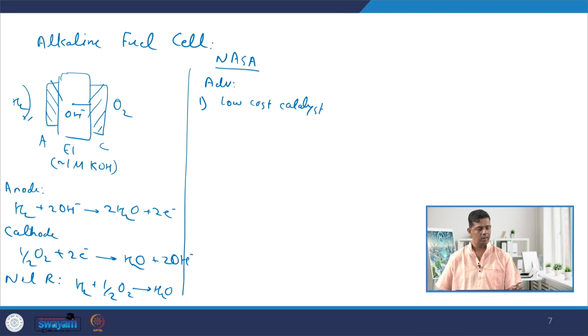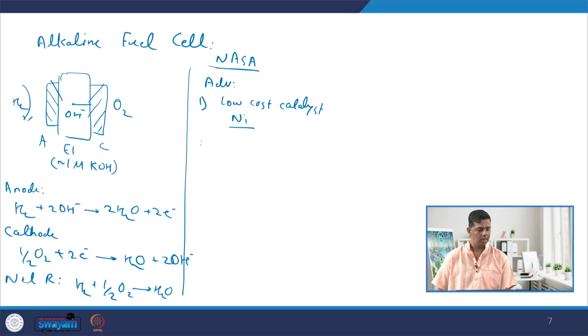So, this same stack of fuel cells was first used by NASA back in the 1960s, as mentioned earlier. The advantage it offers is that we can use a nickel based catalyst, which is a low cost catalyst, and we do not need to go to a platinum based catalyst in this type of fuel cell.